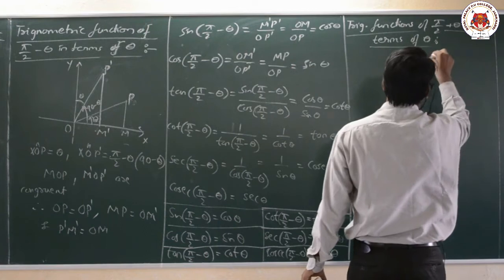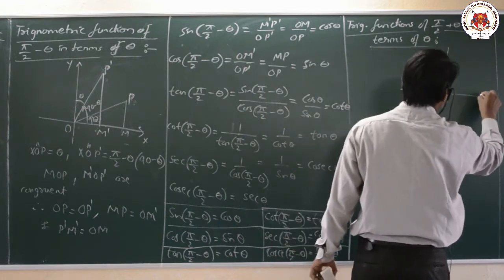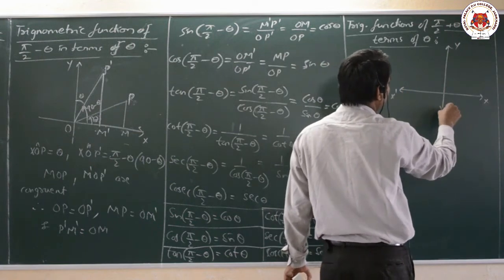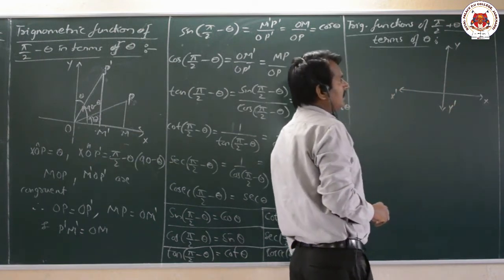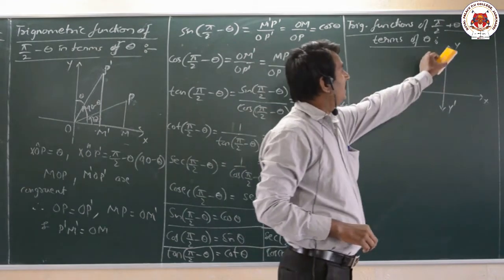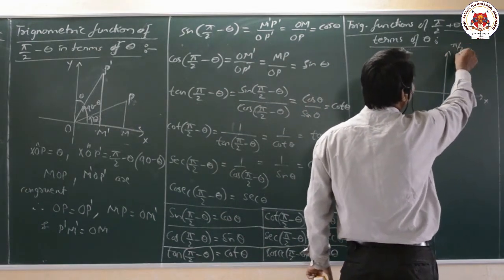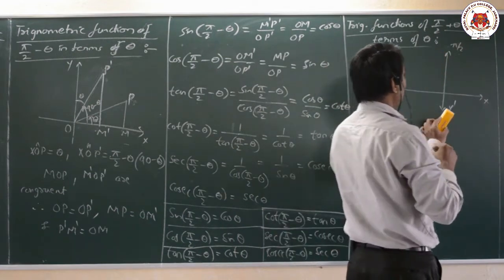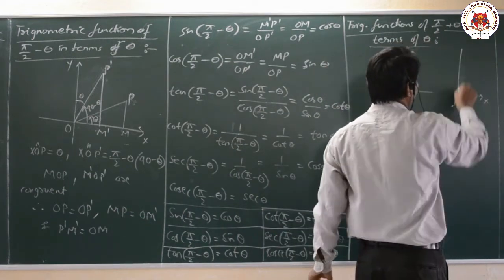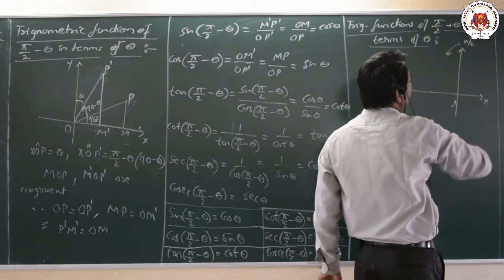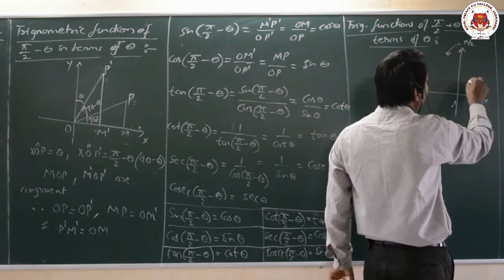Pi by 2 plus theta, that is our x-axis, y-axis, second x dash, and next y dash. Pi by 2 plus theta comes in the second quadrant, dear students, and this is our first quadrant.